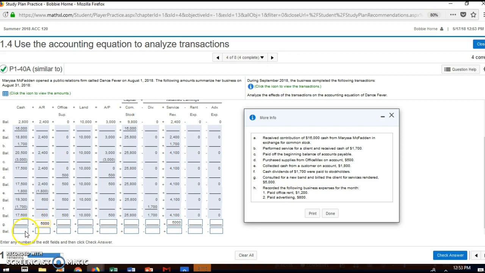That's an accounts receivable. If we're not getting cash for a service yet, that means it is going to be cash later, and it's going to be accounts receivable.